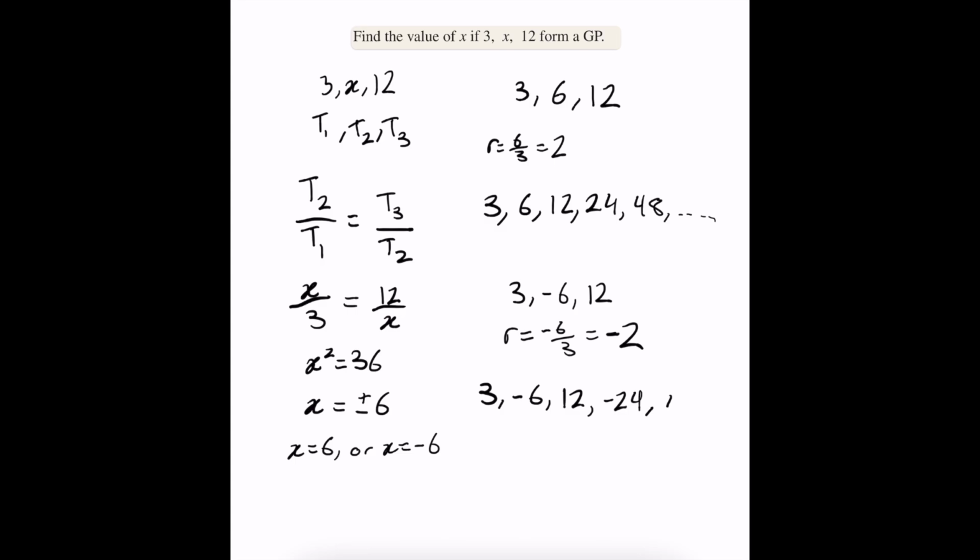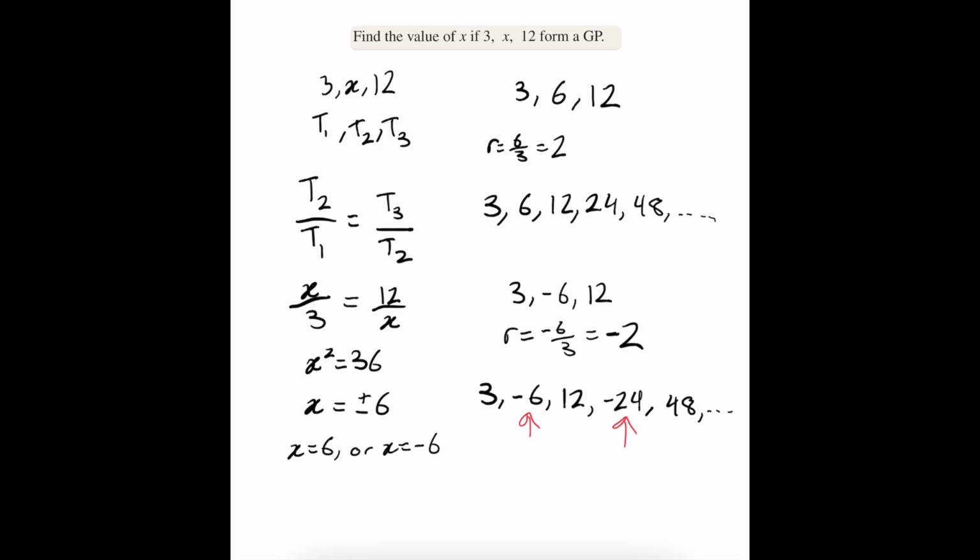But what we can see is that because we are constantly multiplying by this factor of minus 2, we are alternating to a negative number on every second term. So to sum it all up, our answer could be either positive 6 or negative 6. They don't give us some sort of restriction on what x can be, so it could be either. And that's our question solved.